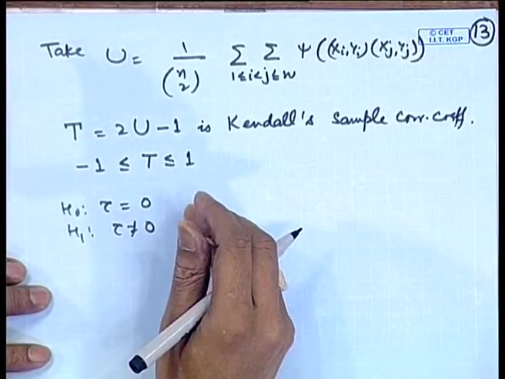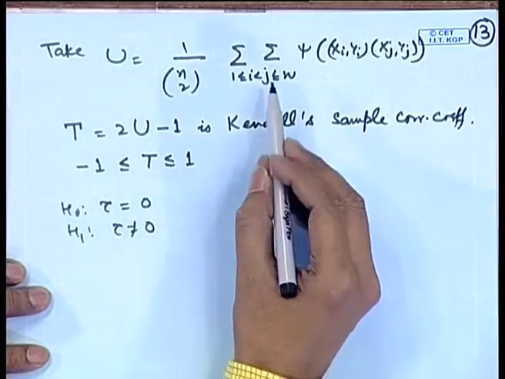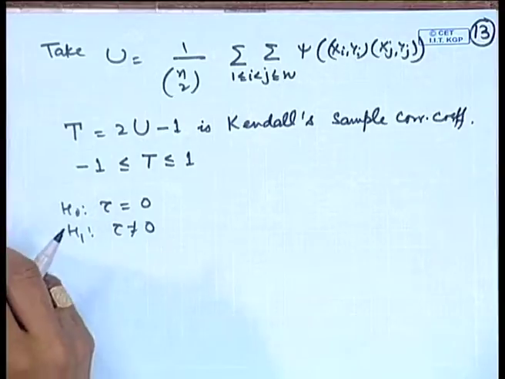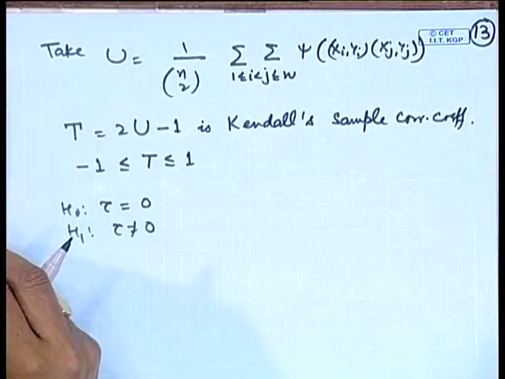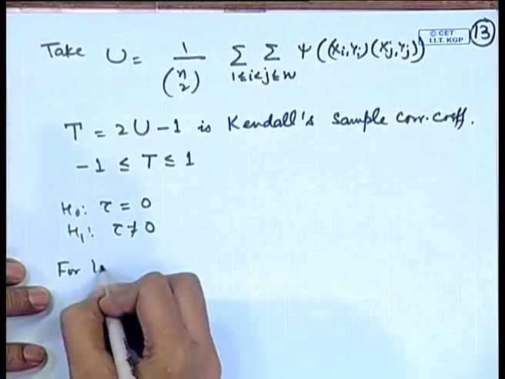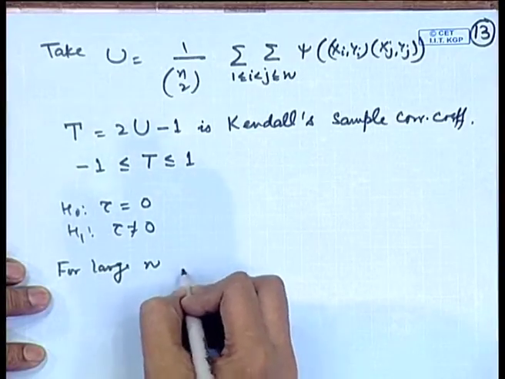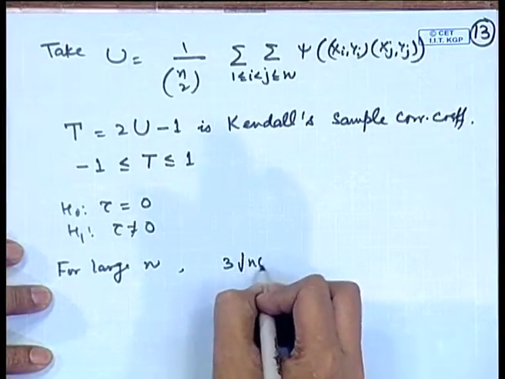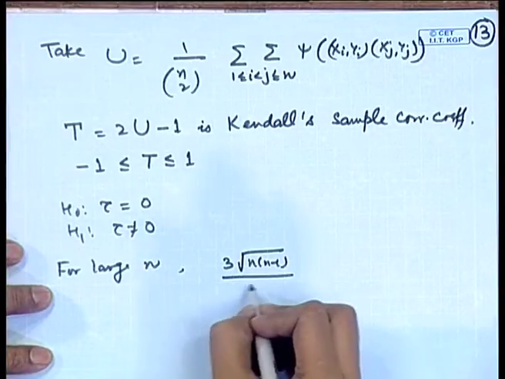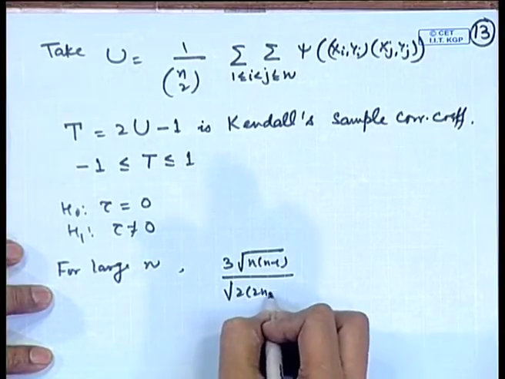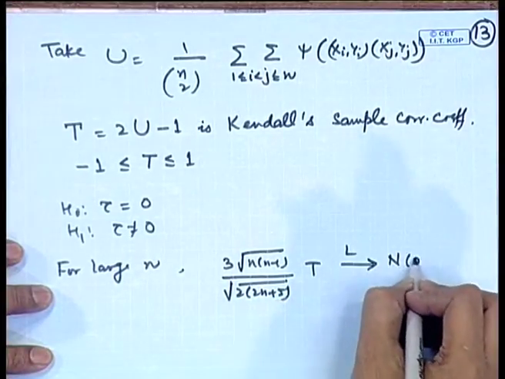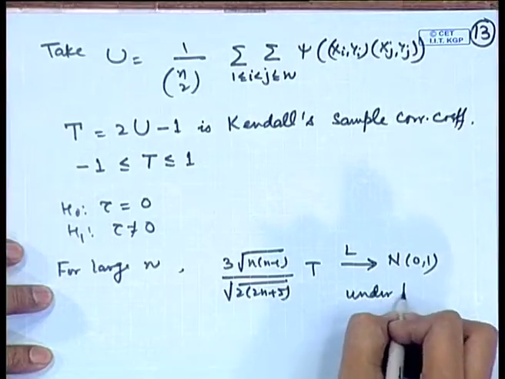One can have a small sample test; one can work out the distribution of U. In fact, Kendall has tabulated the points of the distribution of T. However, a large sample test is given based on the approximation that 3 times root n(n minus 1) divided by root of 2(2n plus 5), times T, is asymptotically normal (0, 1) under H0.